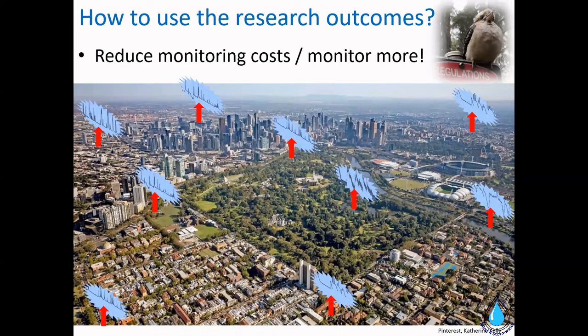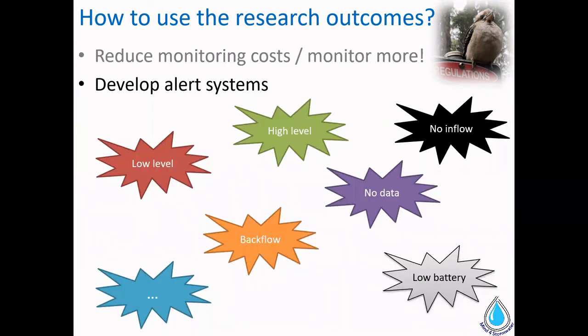So the first thing is reducing monitoring cost will help to install more monitoring on different WSUDs of the territory, different wetlands or other WSUDs of the territory in order to gather real-time information. This real-time information can be used to develop alert systems. You can have alert systems that will be triggered on low level, high level, or for wetlands if there is a backflow or if there is no inflow.